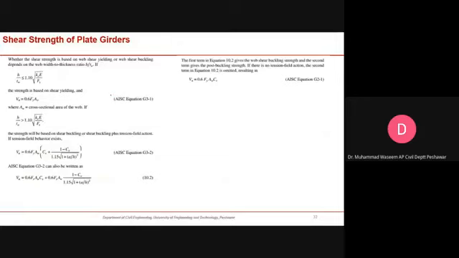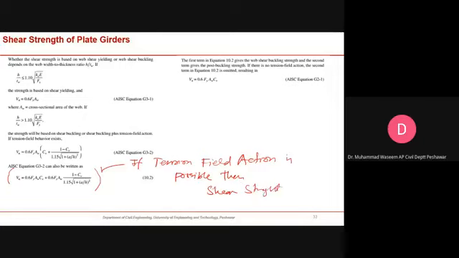If we have tension field action in our plate girder, then you have to use this equation. If tension field action is possible, then the shear strength will be of two components.